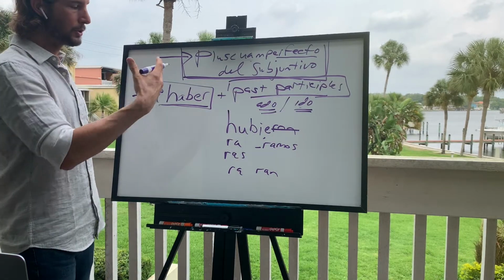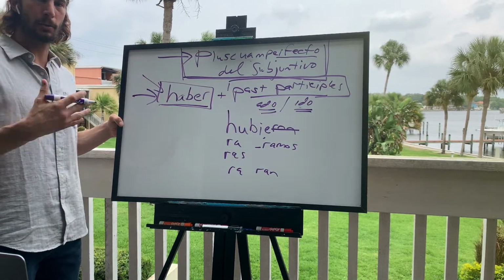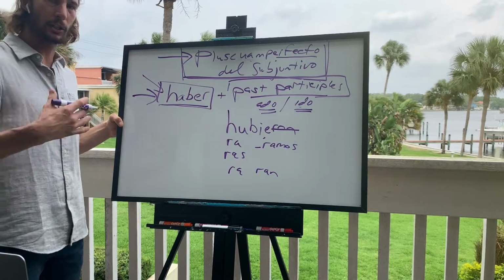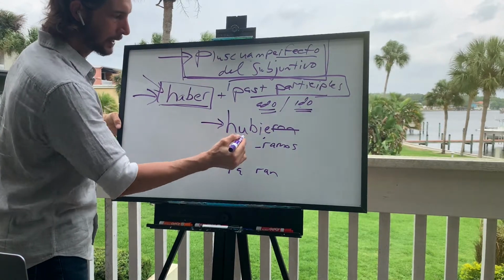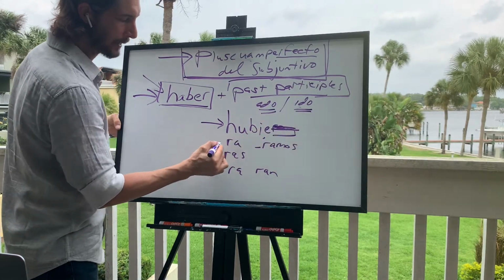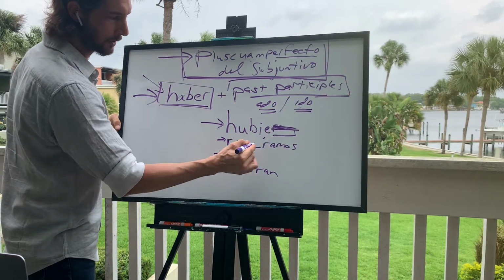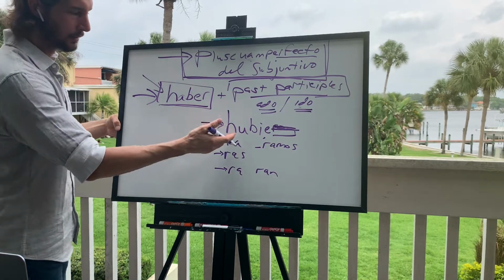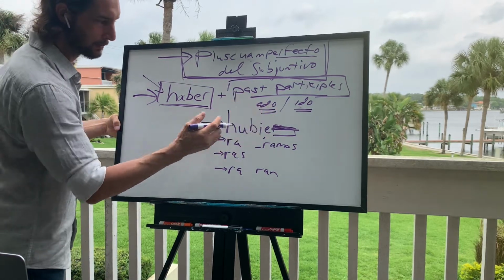Now we use haber in the third person plural preterite, so let's check out what that is. You get hubieron, we drop the ron, and then we add, of course, our imperfect subjunctive endings: ra, ras, ra, ramos, ran.